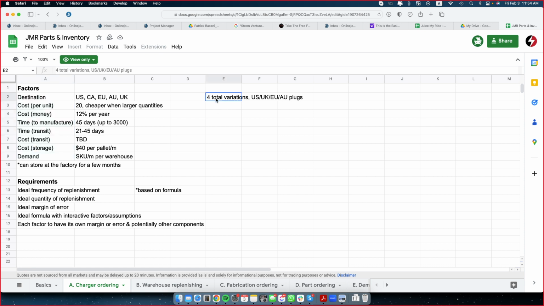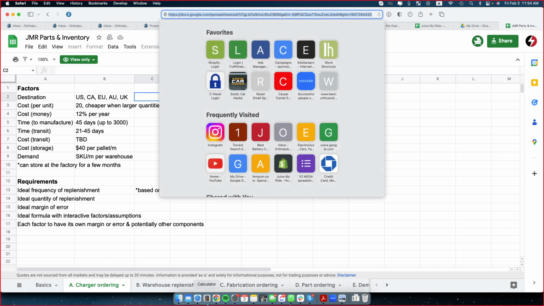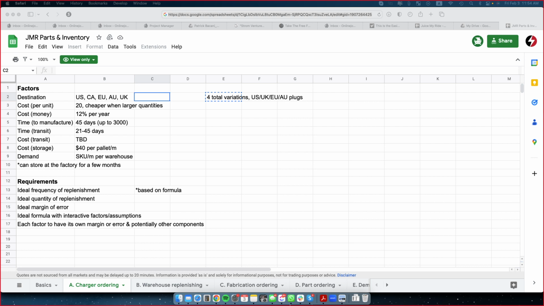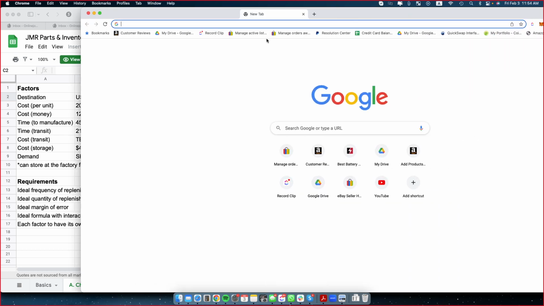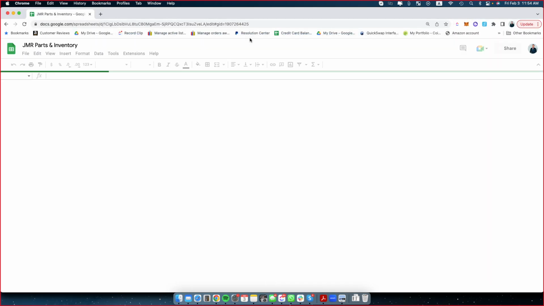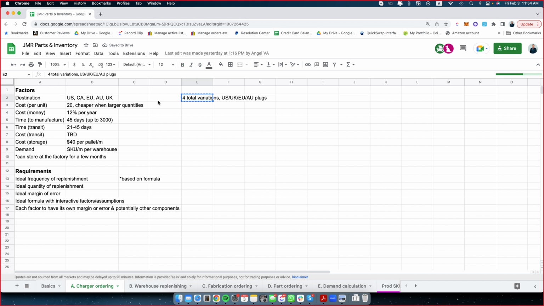I believe currently we have about 3,000 units. Okay, so that was just the amount that was produced.